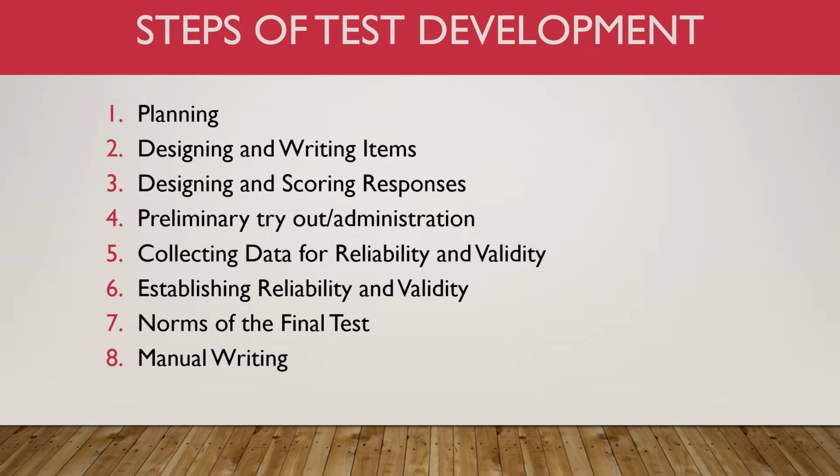The first one is planning the test, second is designing and writing items, third is designing and scoring responses, fourth is the preliminary tryout or administration, fifth is collecting data for reliability and validity, sixth is establishing reliability and validity, seventh is the norms of the final test, and the last, the eighth, is manual writing and publication.